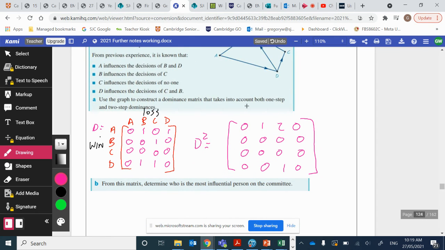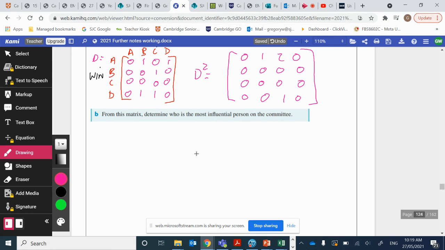Okay, construct takes into account both one step and two step dominance. So that's our one step, that's our two step. And then we want our T matrix, which is one step plus two step. So we combine them both together. We did that on our calculator before. We got 0, 2, 2, 1, 0, 0, 1, 0. So I'm just copying this off my calculator.